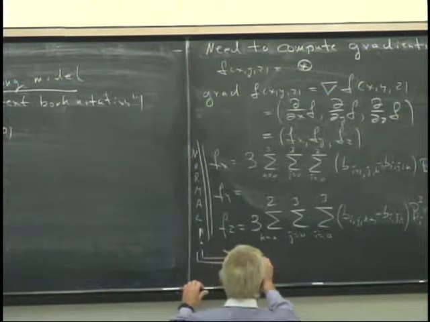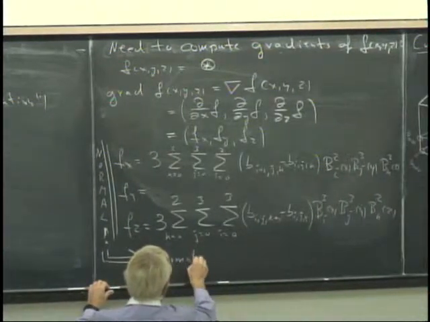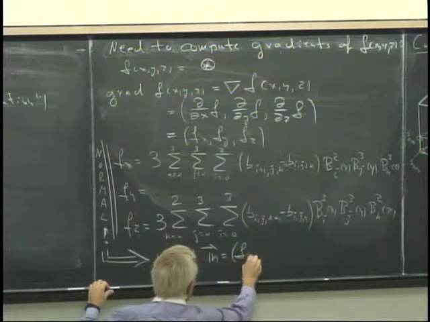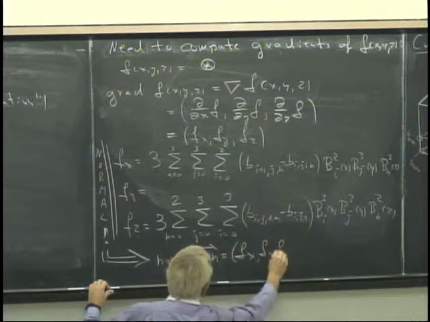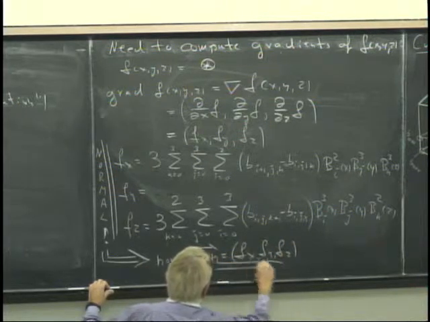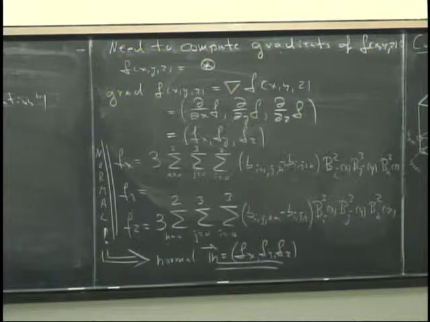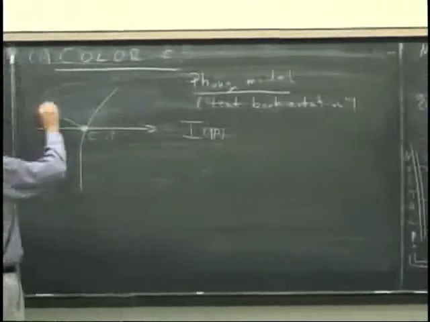The normal n is now defined as this vector consisting of fx, fy, fz. It's not normalized yet. It's still arbitrary length. You have to divide by its length. So we have a normal there.